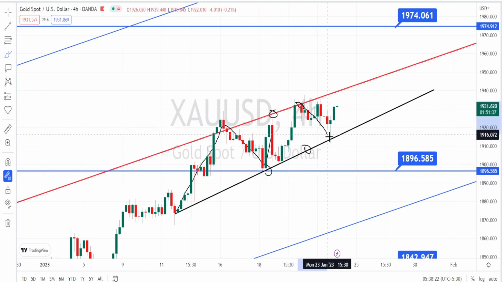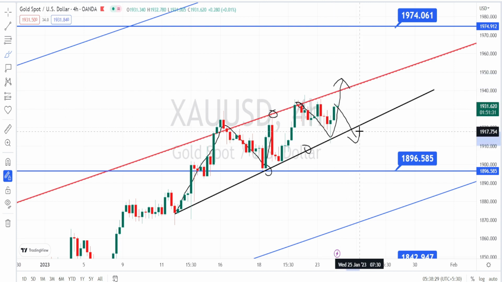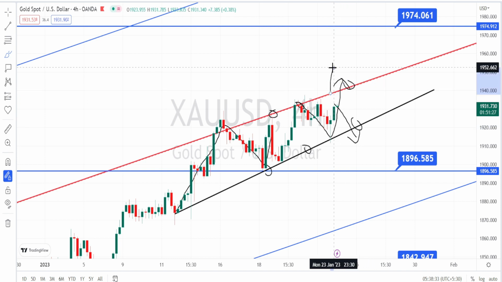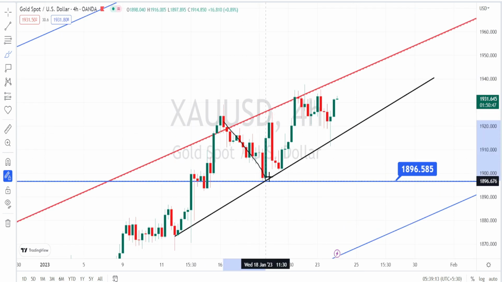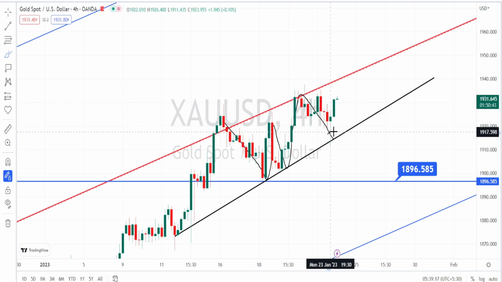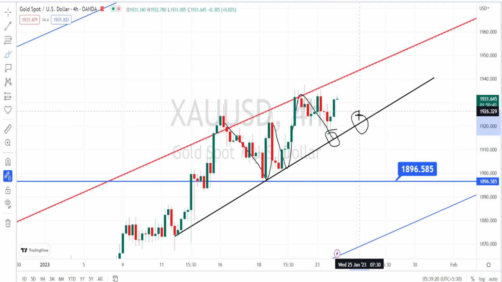Wait for a price action to give a directional breakout on the bullish side or on the bearish side, breaking this support line or the resistance line, based on which you can enter into the directional trade in bullish trend or in the bearish side. But still we can expect it to continue its bullish trend as long as it is trading above this support line from the 4 hours time frame.